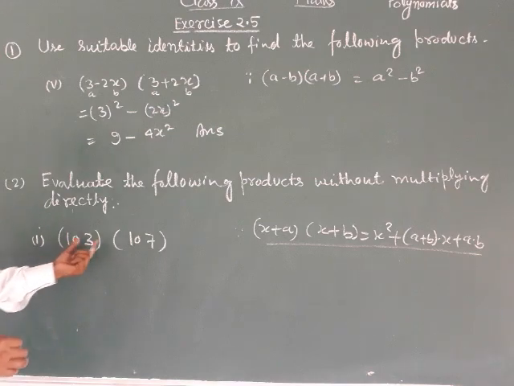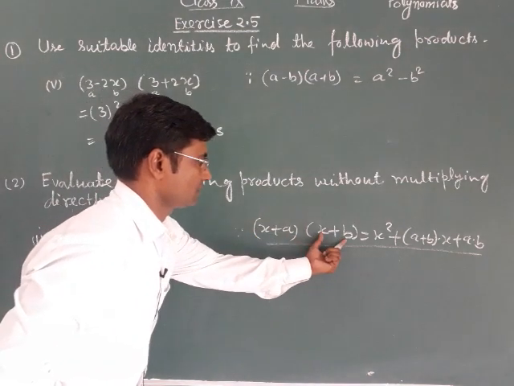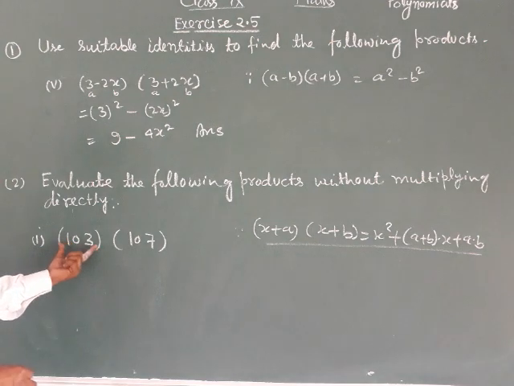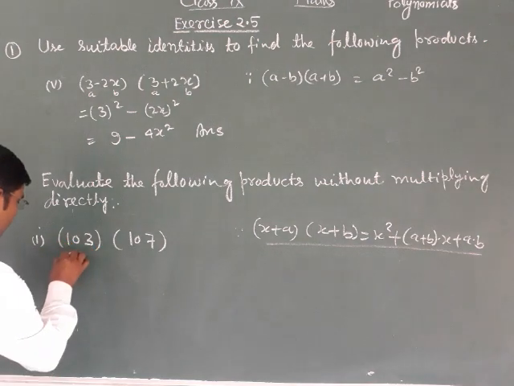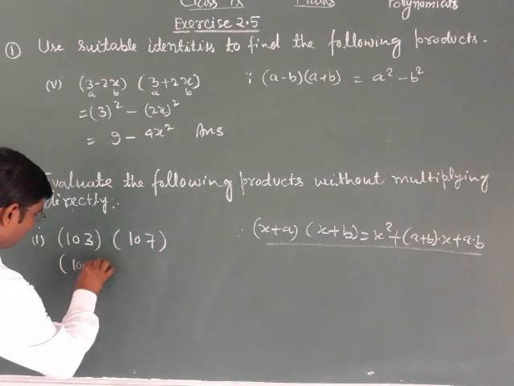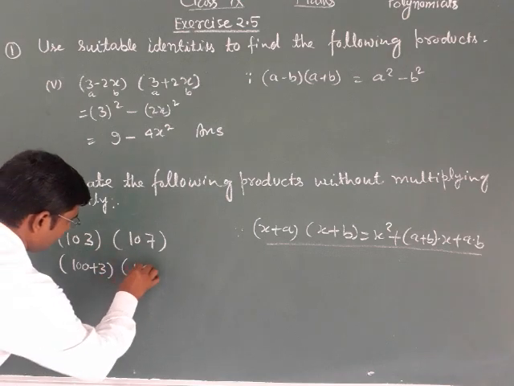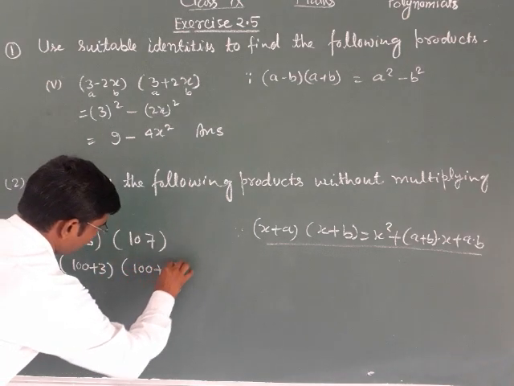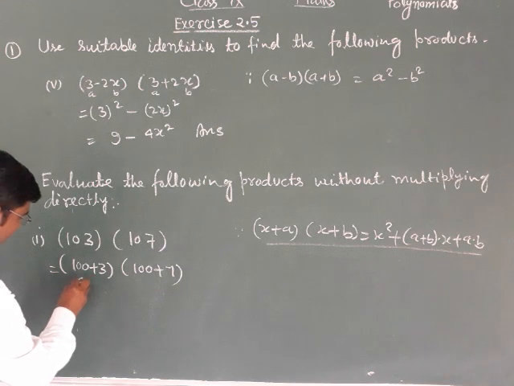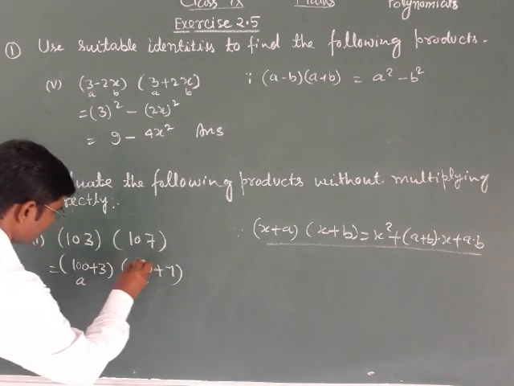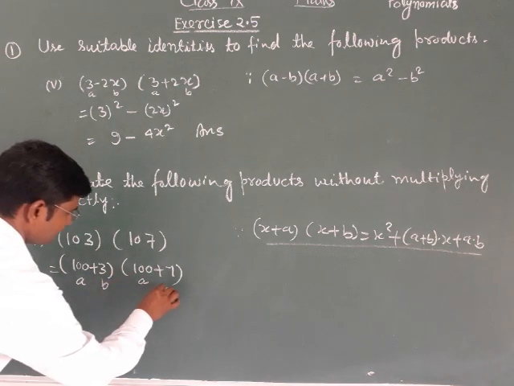Now break it into two parts: 100 + 3 and 100 + 7. So this is a, this is b.